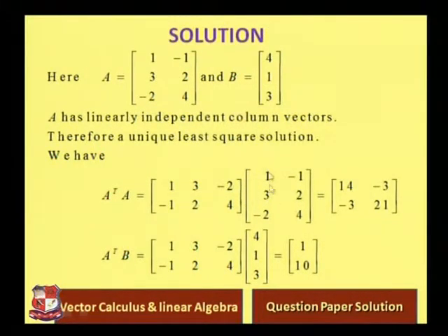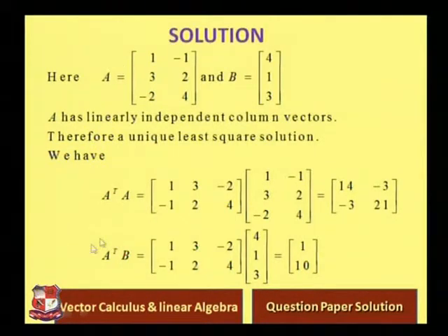Now multiply: this row into this column, so we get 14, and then this column into the first row, so we get minus 3, and similarly 1 3 minus 2 multiplied by the corresponding elements minus 1 1, similarly we get minus 3. Now the second row times the second column, so we get 21. This is the answer of A transpose A: 14 minus 3 minus 3 and 21.